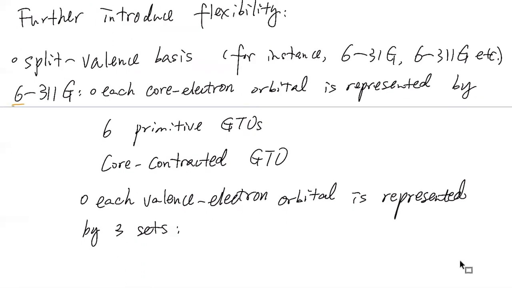Here, this 6 means for the core electron you have 6 primitives. And you have 3 numbers here: 3, 1, 1.